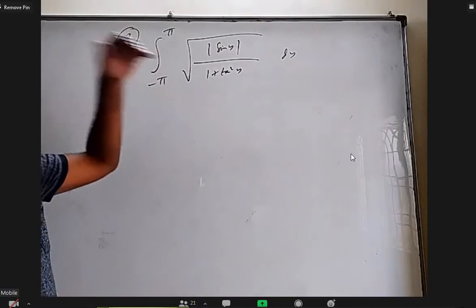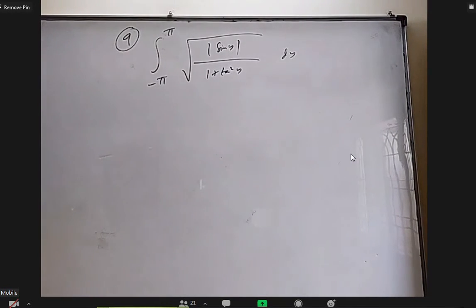Okay, this I can write as secant squared y. But the whole thing is inside the mod, inside the root.